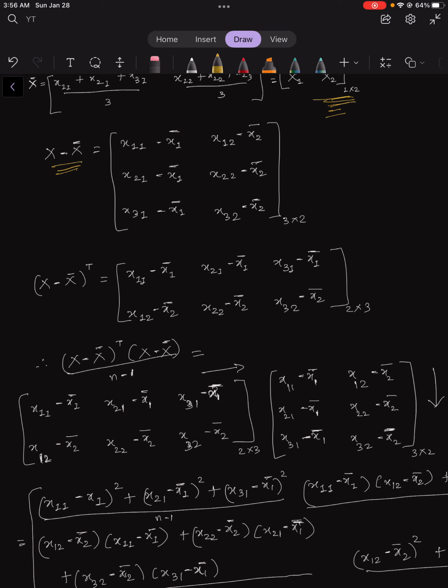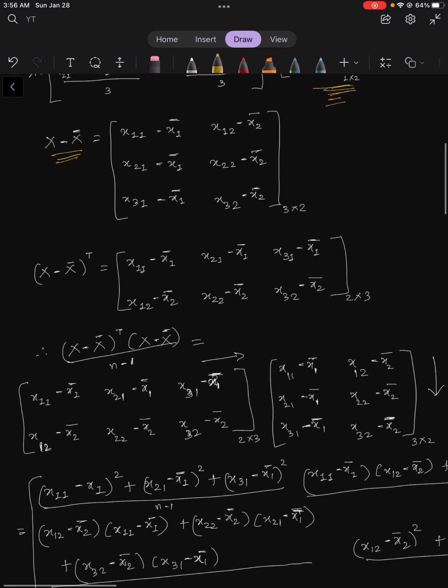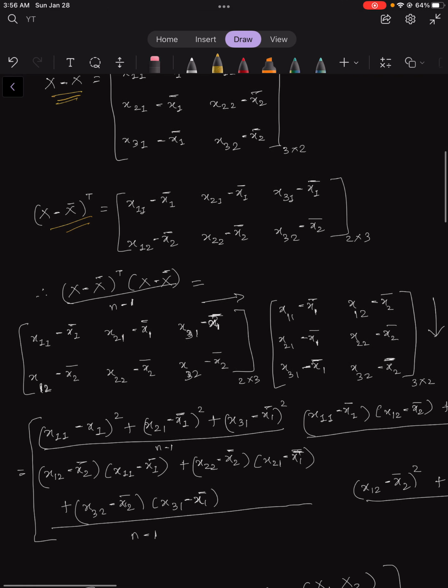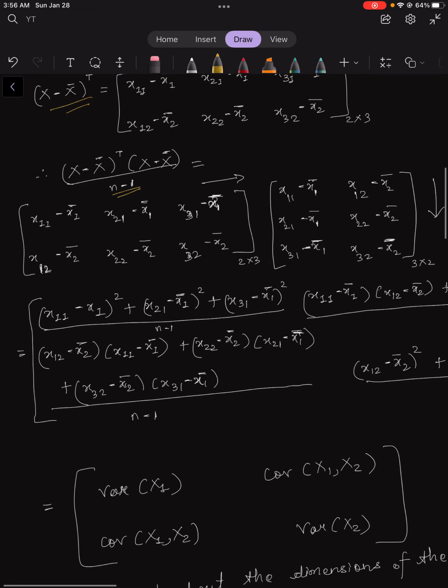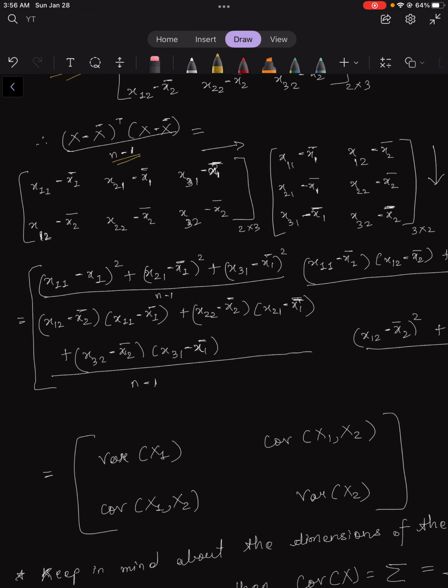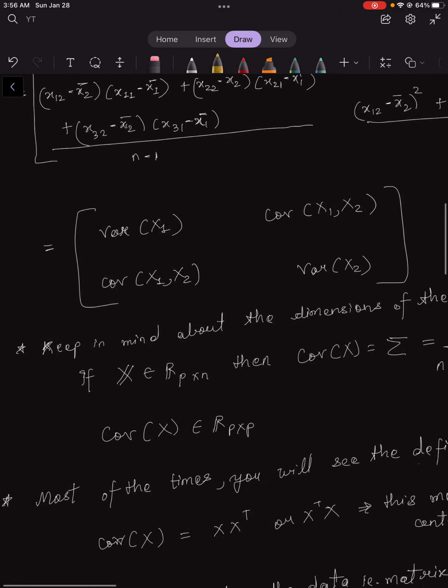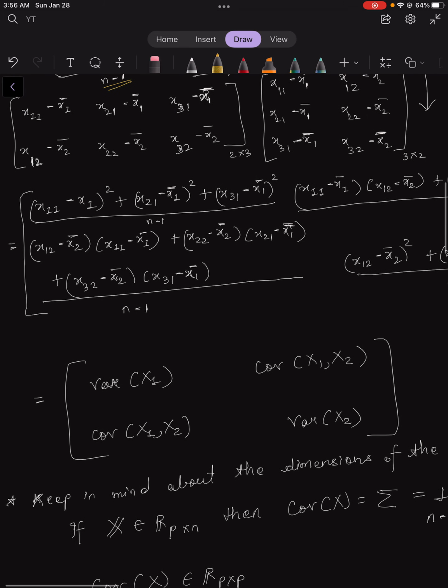Once you have the centered matrix, you can multiply the transpose of the centered matrix with itself and finally divide it by n minus 1 to get the covariance matrix. At this point, you can pause the video to understand the calculations. At the end, if you look at the expression in the top left, you can see that this is nothing but variance.